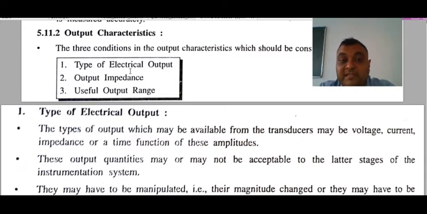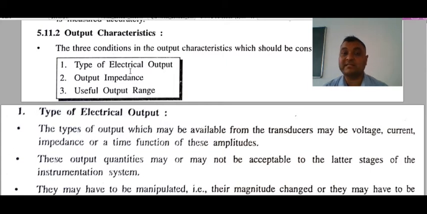Which kind of electrical output, that means कि भाई हमारा जो ट्रांसड्यूसर है, हम जो ट्रांसड्यूसर यूज कर रहे हैं, ओके, वो कौन सी टाइप का है, either it is an analog transducer or it is a digital transducer.